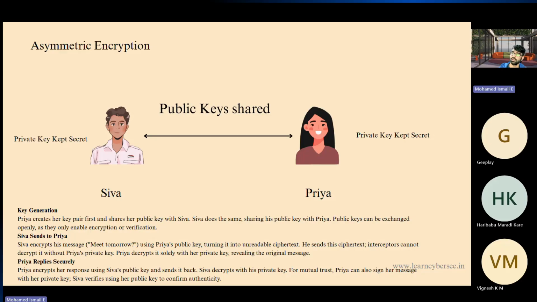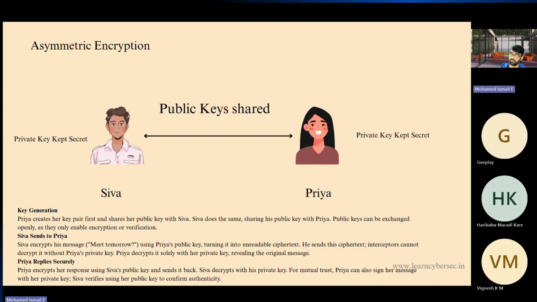In asymmetric encryption, each person must hold two keys. One is called the public key, and the other is the private key. The public key can be shared with anyone. Everyone knows the public key of Siva and the public key of Priya.